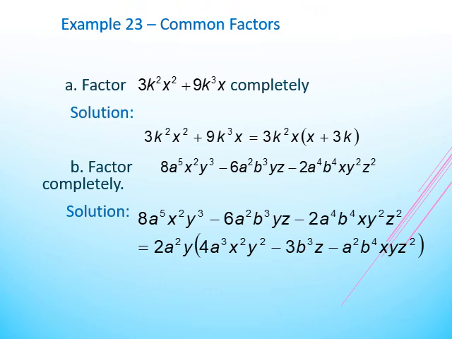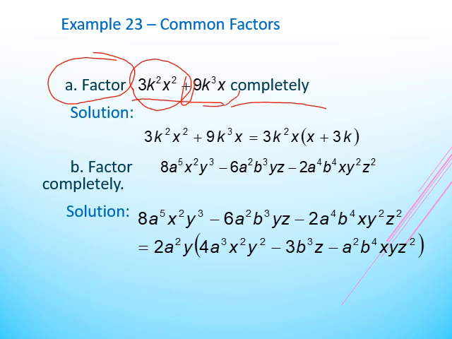Let's go to the numerical example. Common factors. The requirement is to factor this expression completely. By factoring this expression, we take the smallest number and the smallest power. We have two terms: 3k squared x squared plus 9k to the power 3 x.